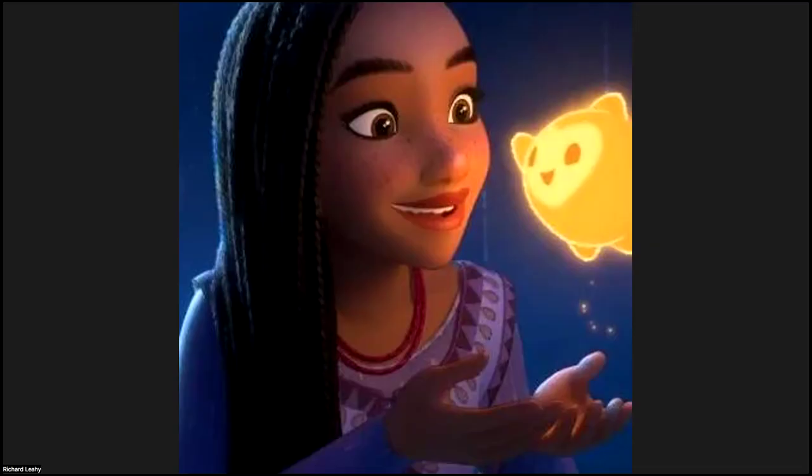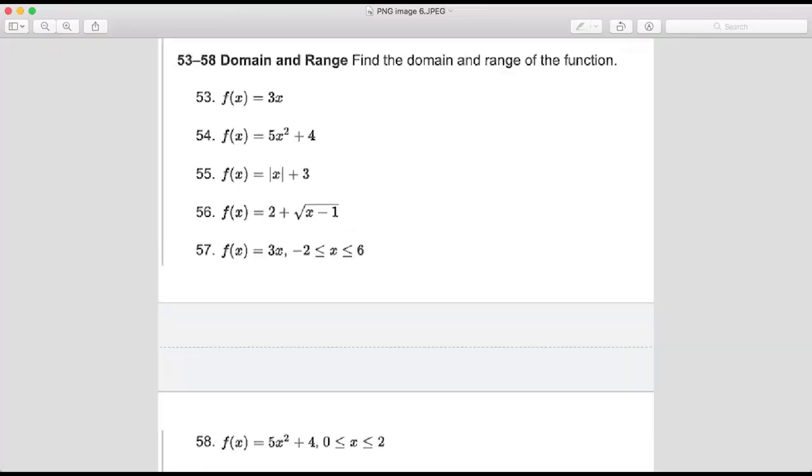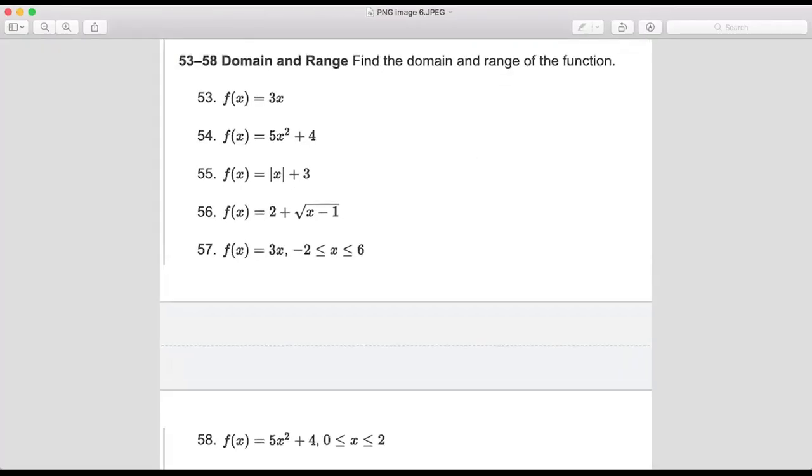Let's move on. Domain and range. Okay, so domain and range are about the possible x and y values you could have. I think you guys are doing the notation with the parentheses and brackets.